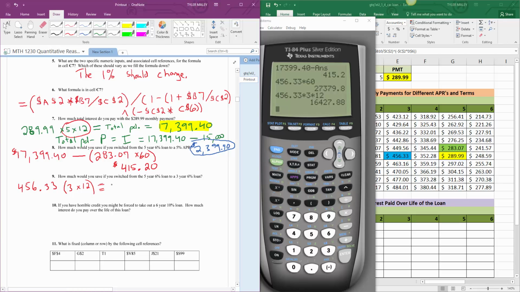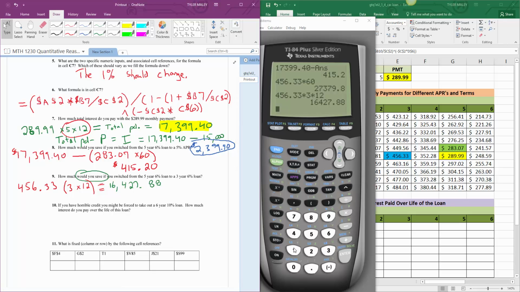So again, we're trying to figure out how much you would save. So I need to subtract these two. I need to take this $17,399.40 and subtract off what we just calculated, how much we'd pay total if we were doing the 3-year 6% loan.